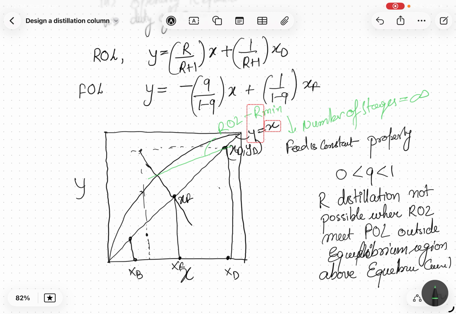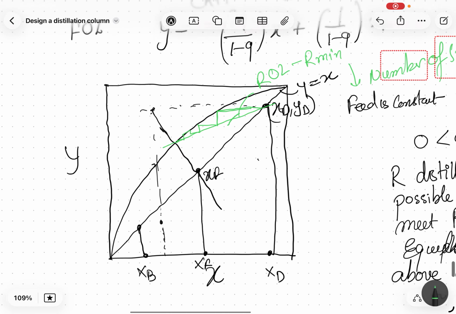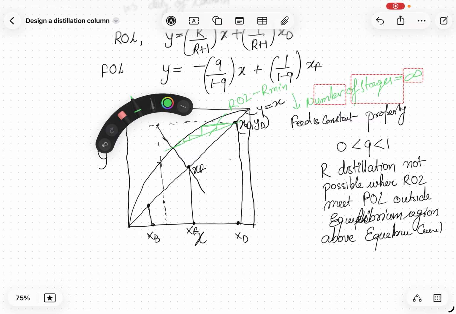Because now you will draw the number of stages from here. This is one stage, this is second stage, this is third stage, and then you zoom in a little bit, there is still a stage, there is still a stage, and so on. You will never be able to cross the ROL and feed location to go to the stripping section side. So how do we find the stripping section operating line?